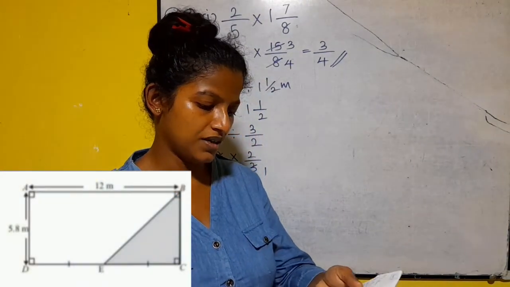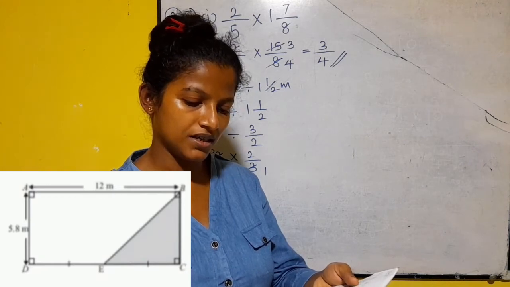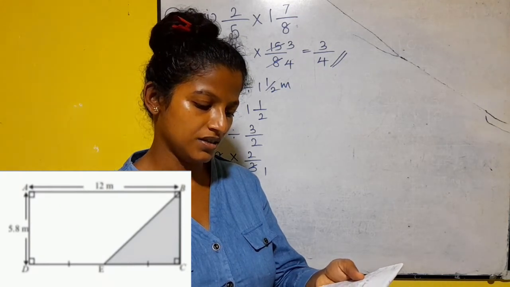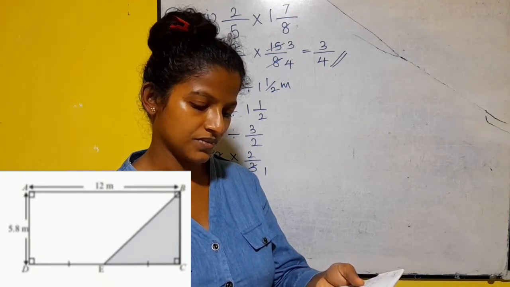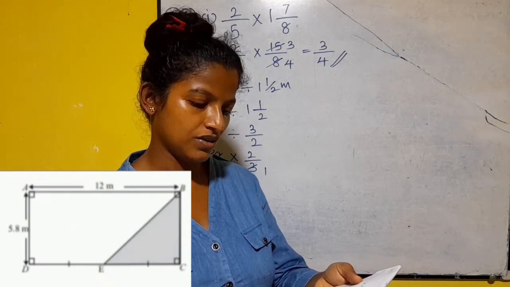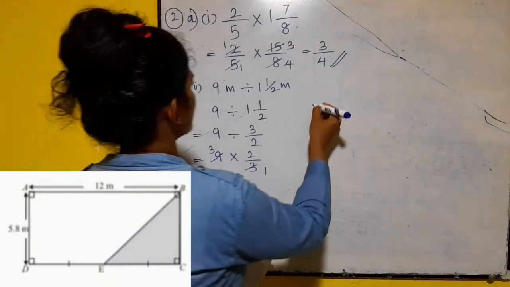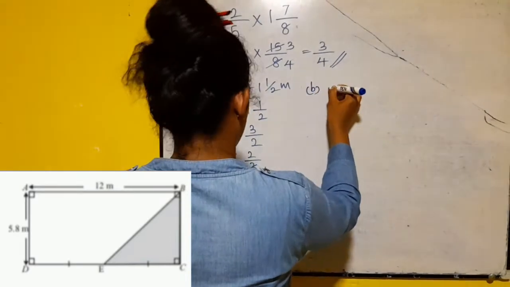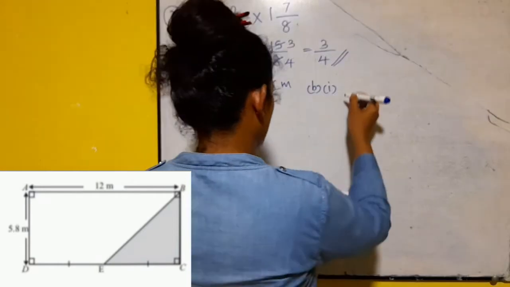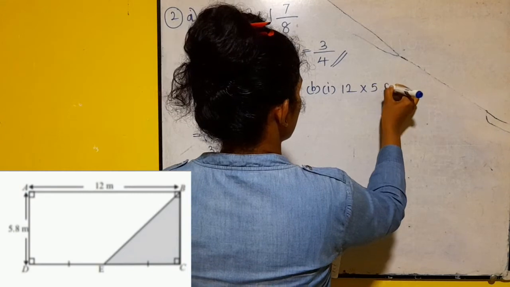Then B part, the diagram shows a rectangular lawn ABCD. A turf is laid on the shaded area. First you have to find the area of the lawn ABCD. For that, 12 multiplied by 5.8.